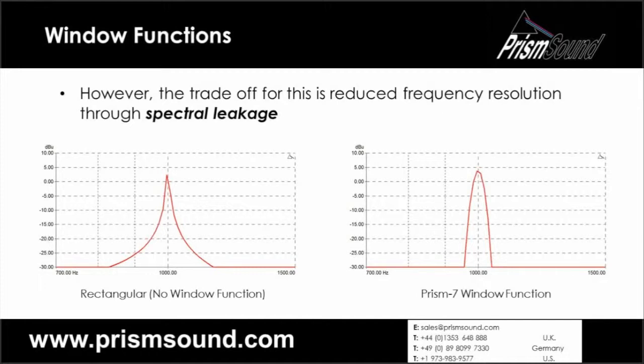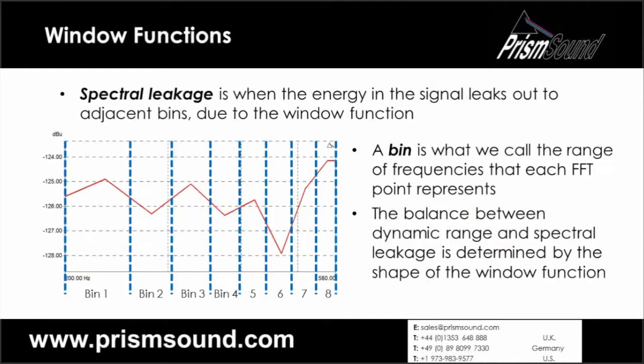So what is spectral leakage? Well, it's when the energy in the signal leaks out into adjacent bins, and this is caused by our window function. A bin itself is what we call a range of frequencies on our FFT plot that is represented by a point on our plot.